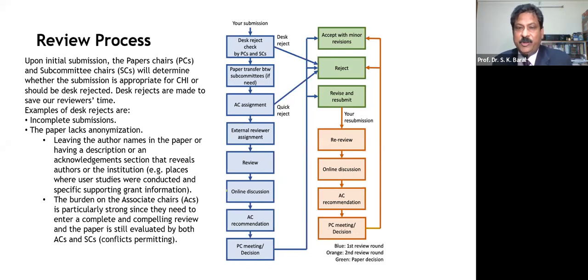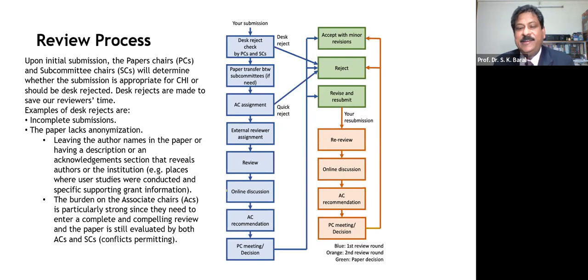When your paper is recommended, it will be treated as one accepted paper with minor revision, or revise and resubmit, which is also a minor revision. Then again, your paper will go through a review process.